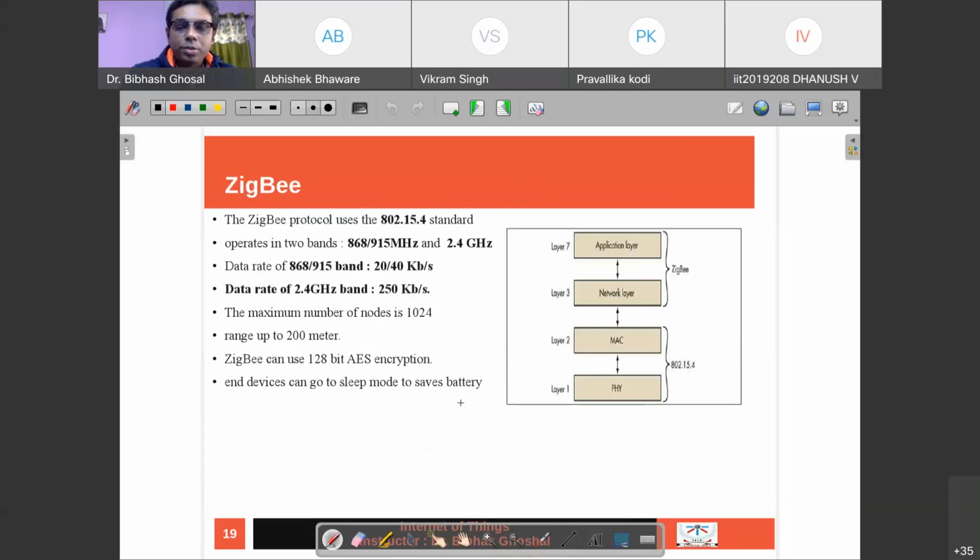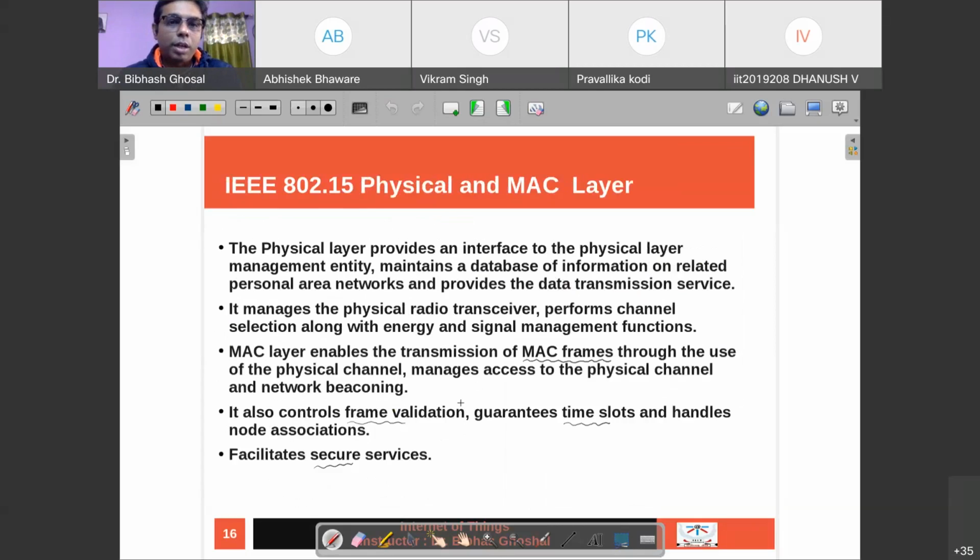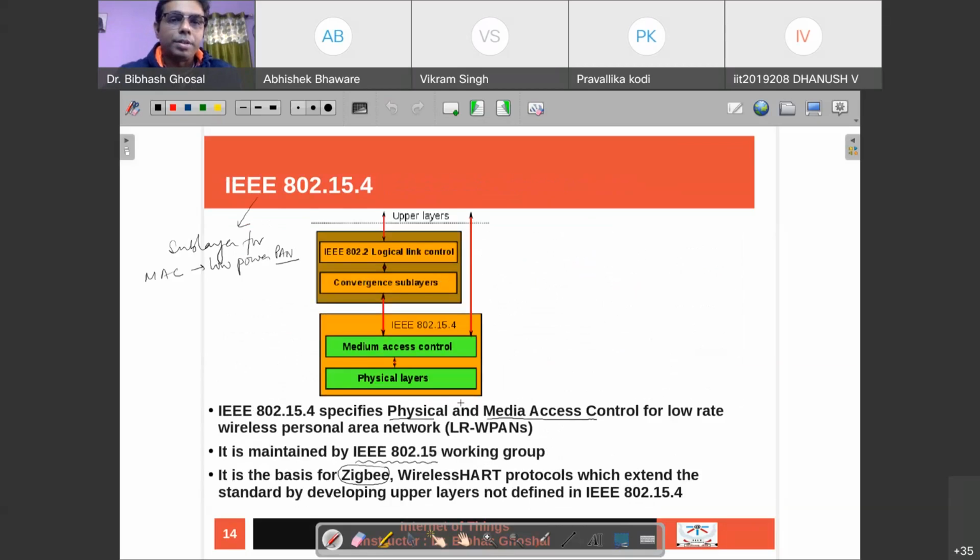Based on that, we have a protocol which is called Zigbee. Now, the lower layers of IEEE 802.15.4 handle the physical and the MAC layer. It normally does not talk about the upper layers, so this part is not normally handled by it.